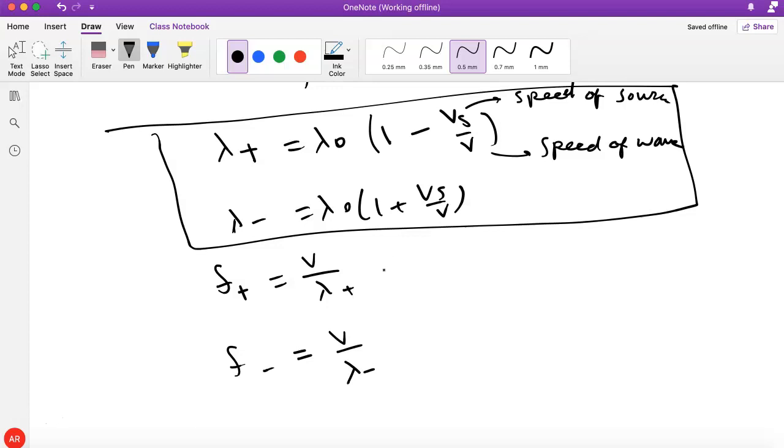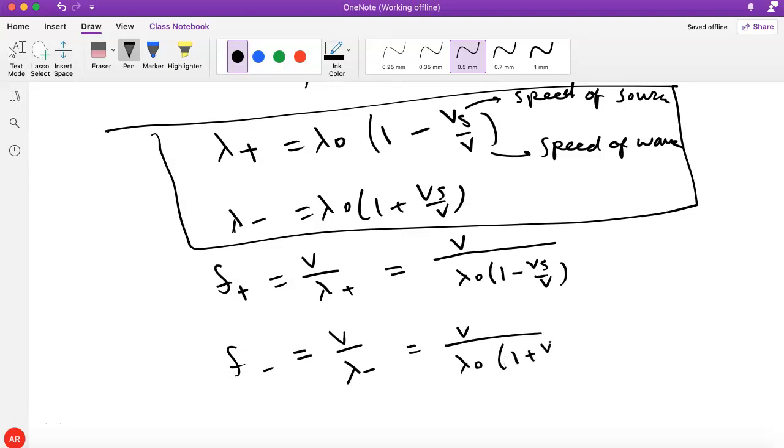So this we can write as V over lambda naught times 1 minus Vs over V. This we can write as V over lambda naught times 1 plus Vs over V. And of course, V over lambda naught is the frequency of the source, right?